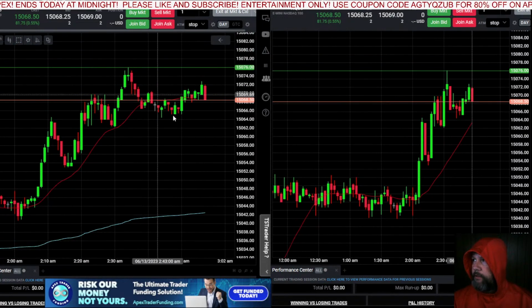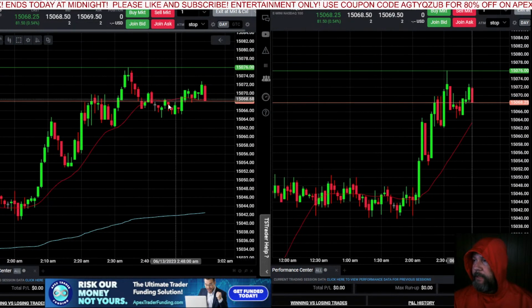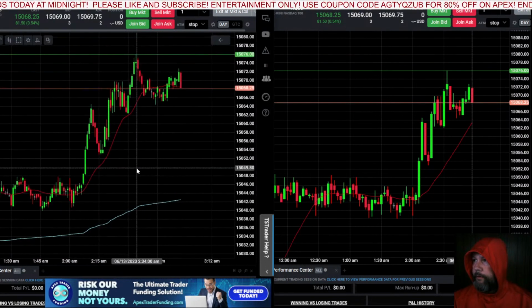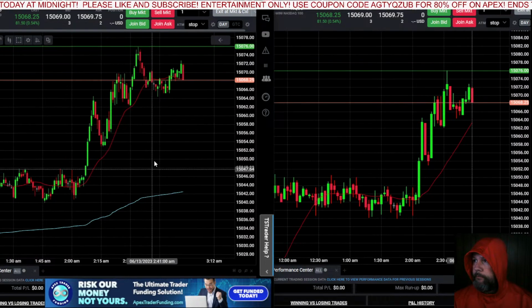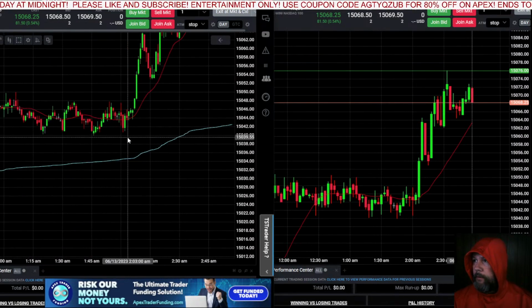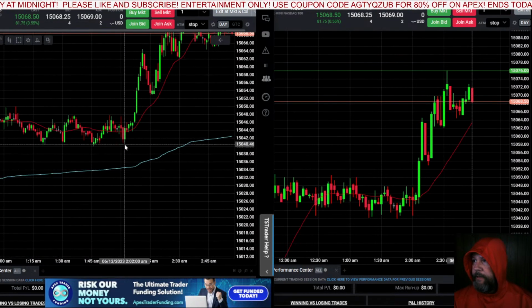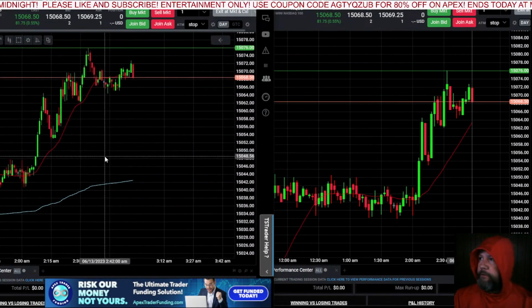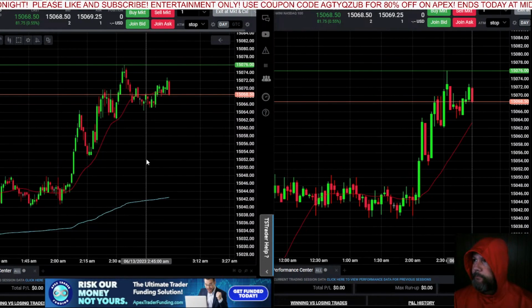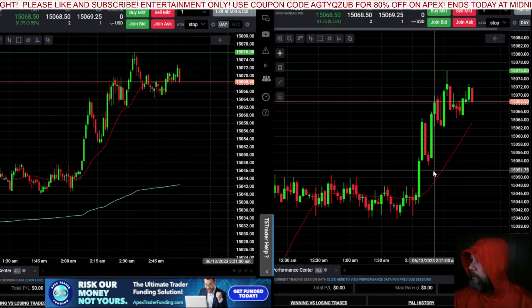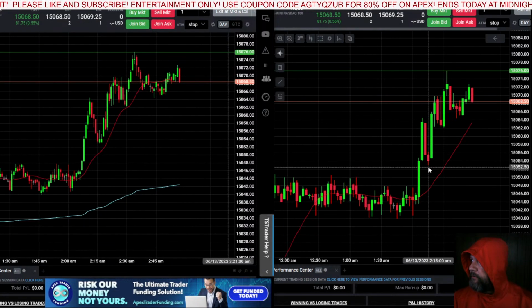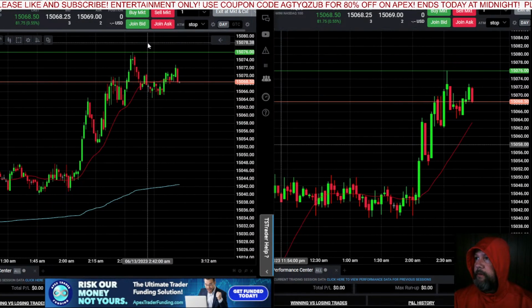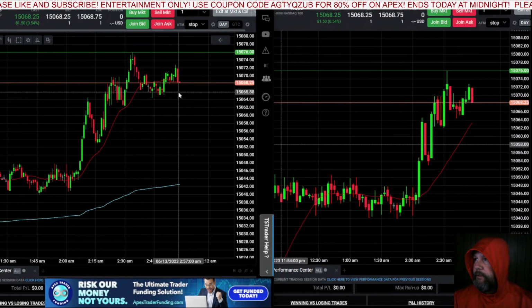So we either want it to sweep this 15,076 area, or maybe this area down here at 15,040. So we want it to sweep one or the other, and then kind of shift in the other direction. So sweep of liquidity, market shift in the other direction.